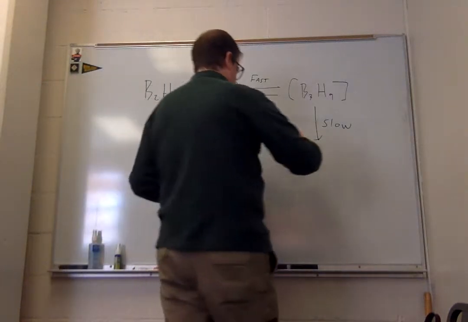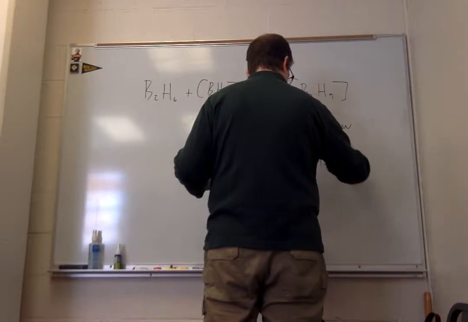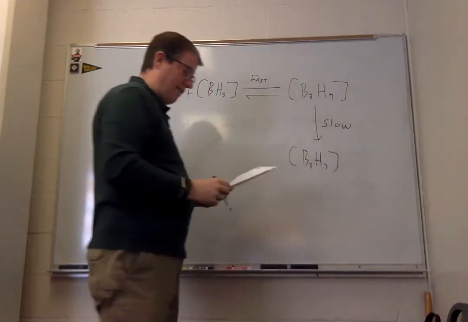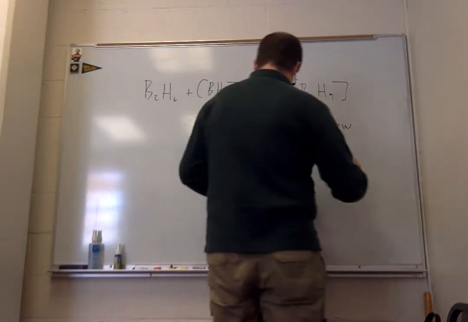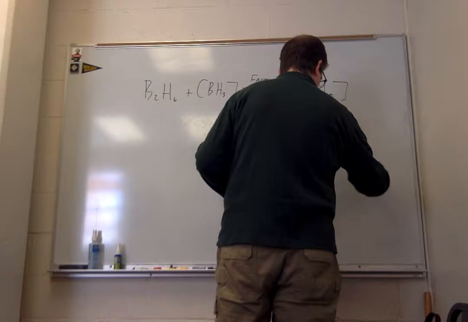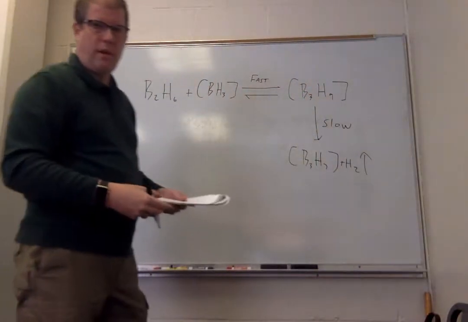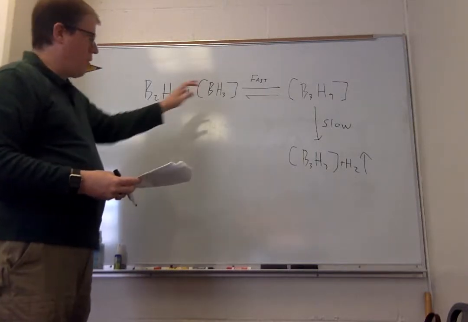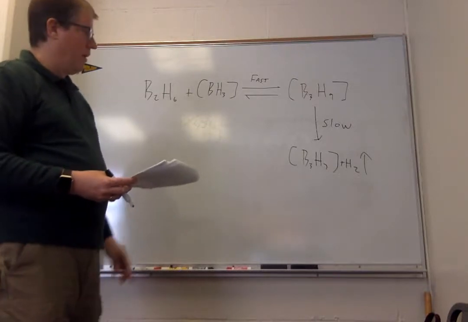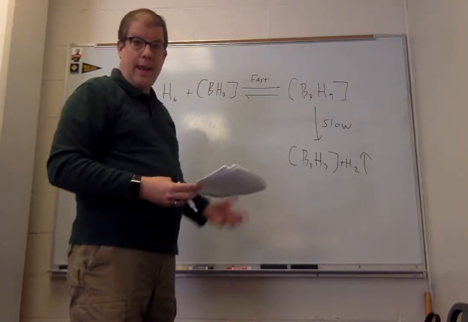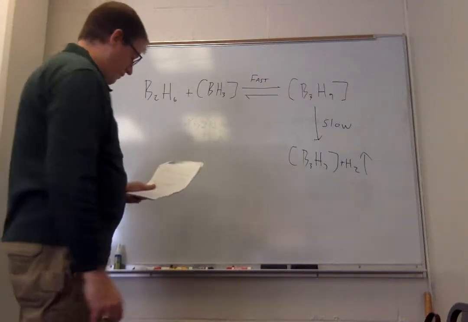This generates a cluster B3H7, and it also involves the liberation of hydrogen gas, which actually bubbles out of the reaction. And so you get an equilibrium process in competition with the hydrogen elimination process that then allows for the beginning, if you will, of the buildup of this material.